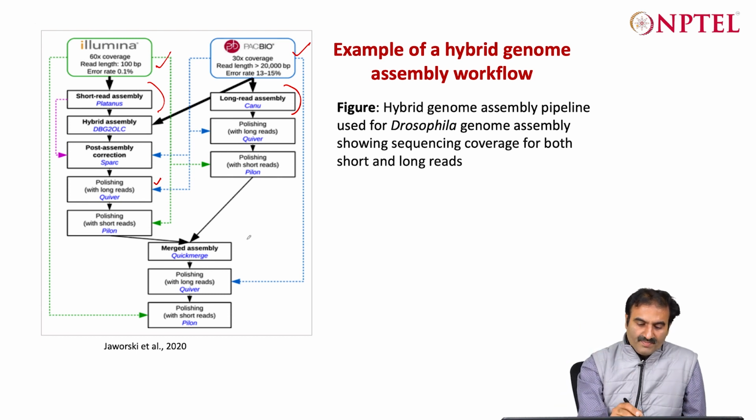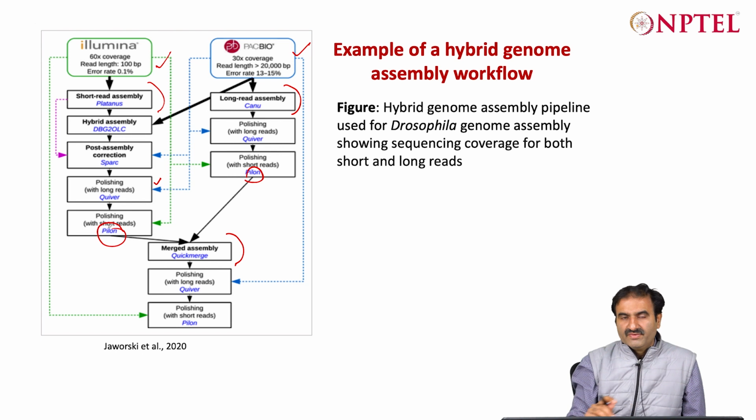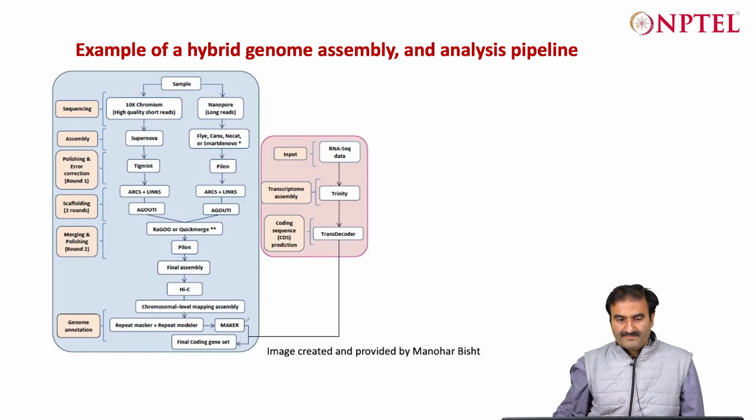And then once you have got the final assembly, also using quickmerge or some other tool. For the polishing, Pilon is one of the tools that is very commonly used, which we will also be dealing with in the next lecture, followed by quickmerge and further polishing steps to further improve the assembly process.